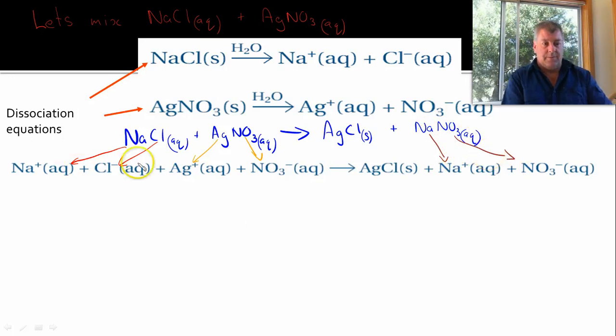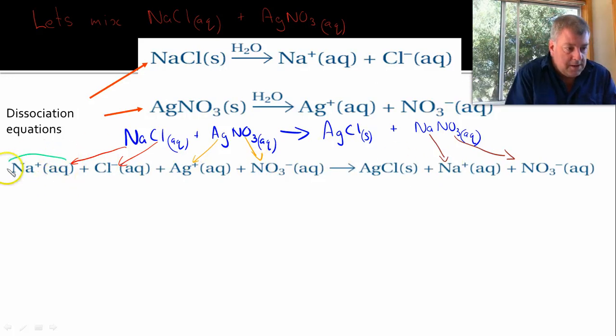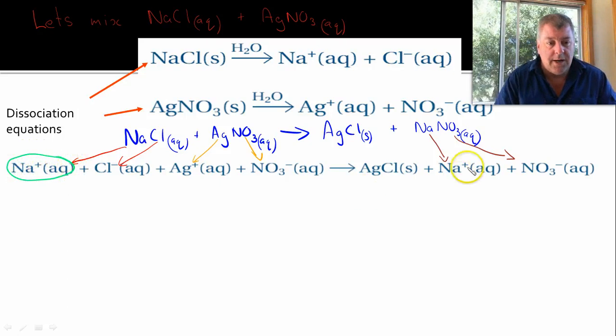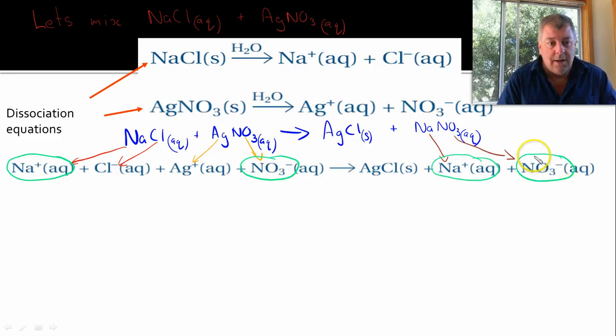So there you go. Alright, now we look at this and we see, are there any things the same? And you might see that the sodium ion is exactly the same on both sides. The nitrate ion is exactly the same on both sides.